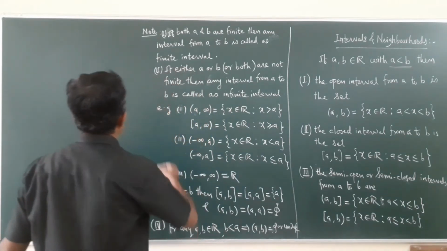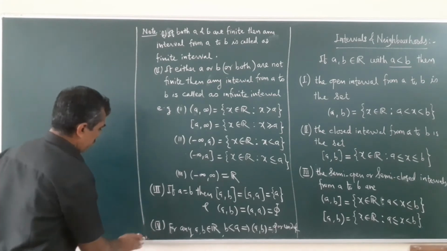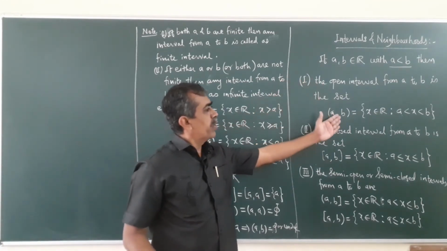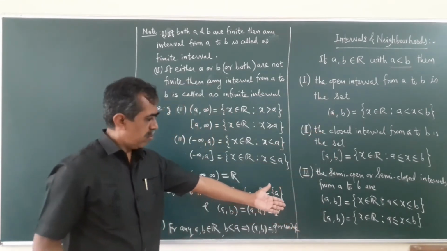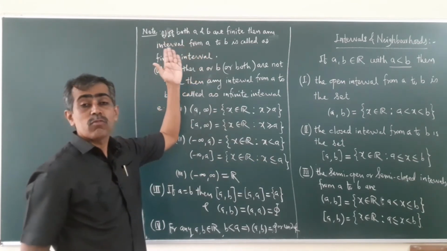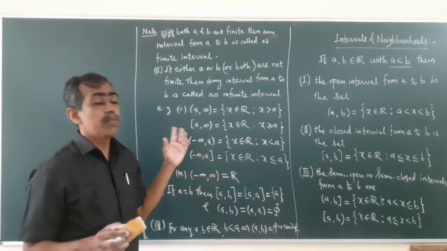So this is all about the different types of intervals in R. Remember what an open interval is, what a closed interval is, what a semi-open or semi-closed interval is. If both the ends are finite, then the interval is called a finite interval. If either of a or b is infinite, then it is called an infinite interval.